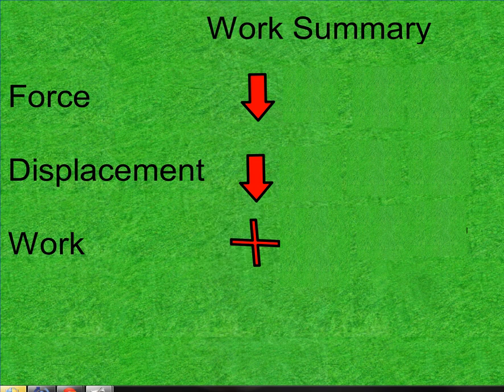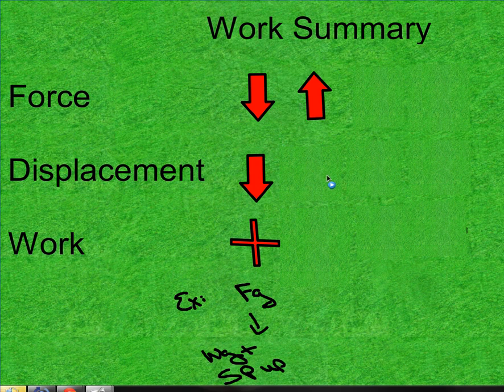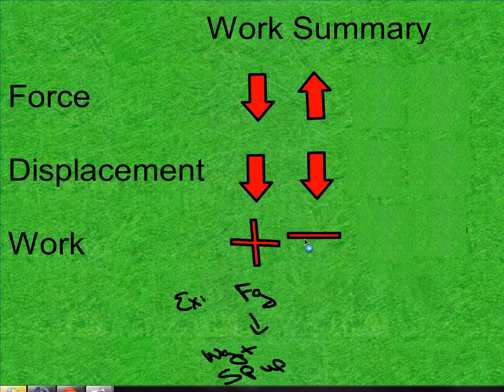What is a good example? Well, this would be if my force were Fg and it were moving downward, then the work done by gravity is positive and it is speeding it up. What if my force is upward, so I'm lifting up, my displacement is down, they're in opposite directions, so the work is going to be negative.